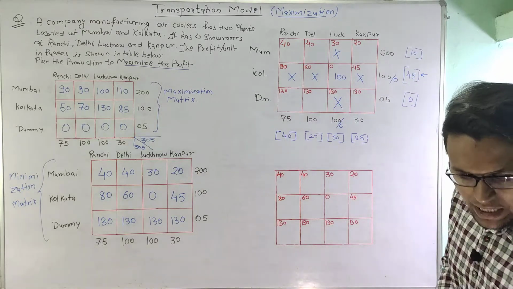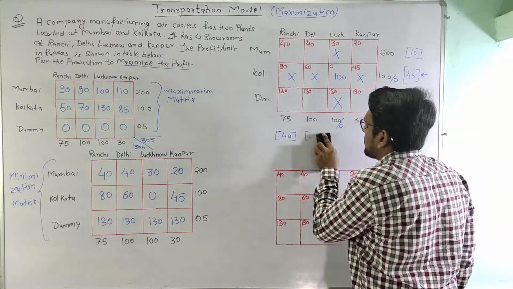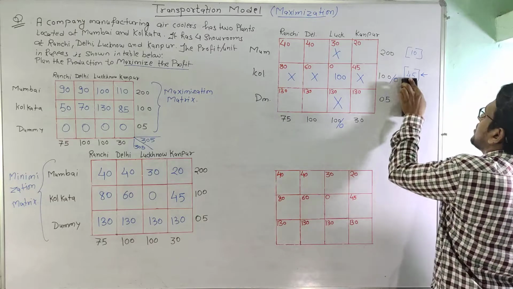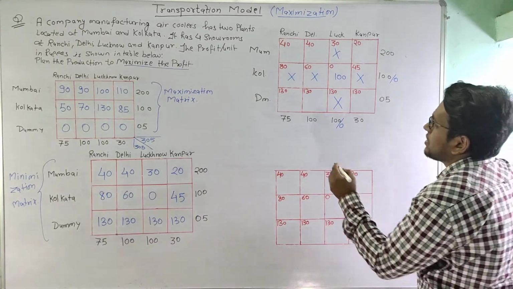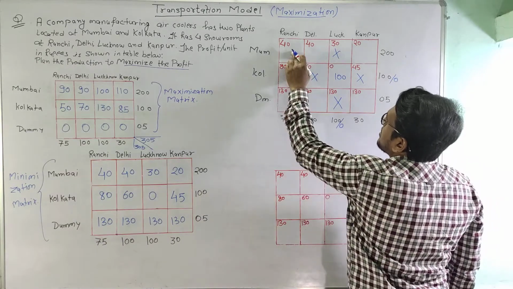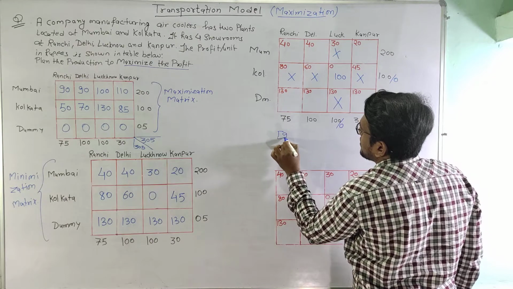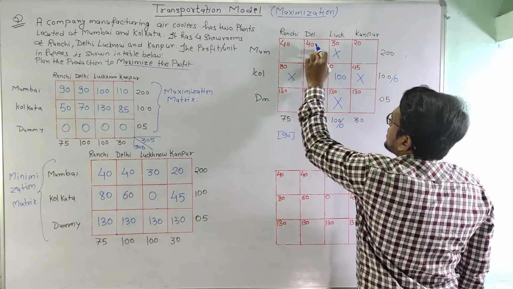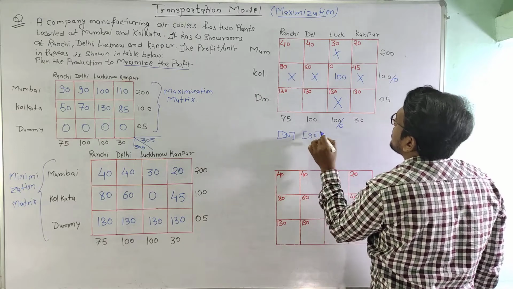So again we need to calculate the penalties here. So again we will be calculating the penalties for each row and each column. So let us calculate it. Minimum is 40, next minimum is 130, so the difference is 90. Here again 40 and 130, so the difference is 90.